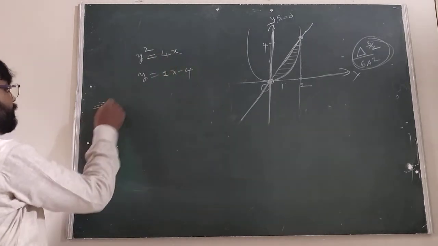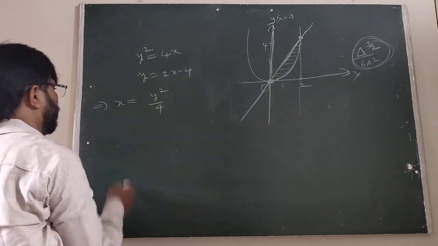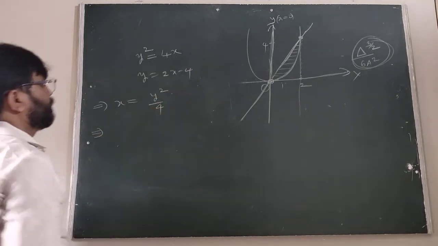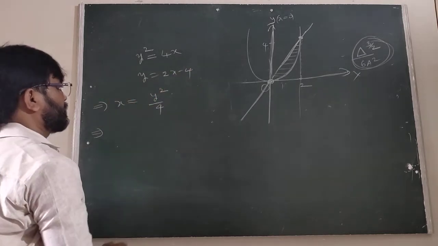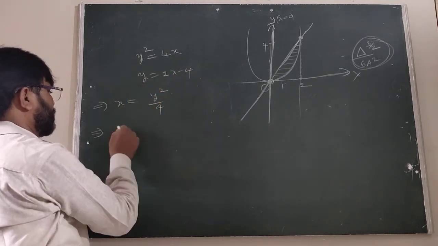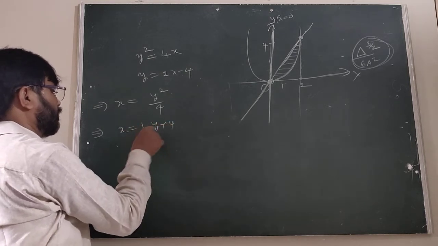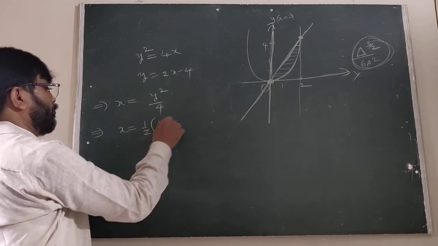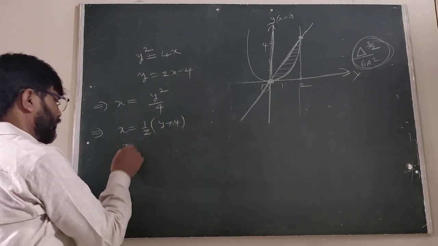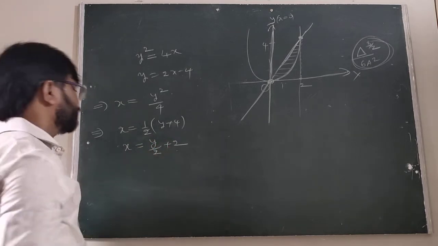First you can write x equal to y square by 4. After that we take the minus 4 to the other side as plus 4, that is x equal to y plus 4 by 2, that is 1 by 2 into y plus 4, that is y by 2 plus 2.